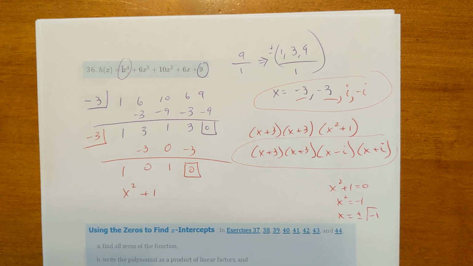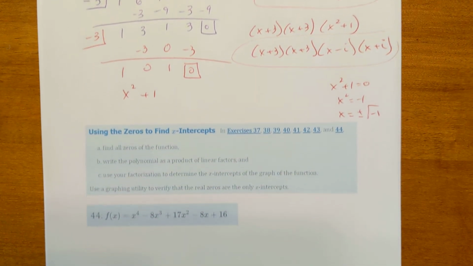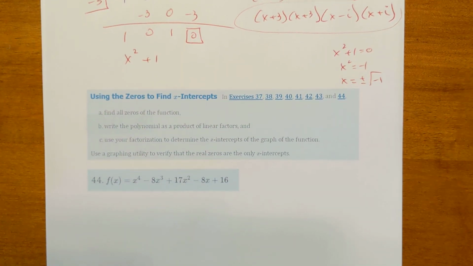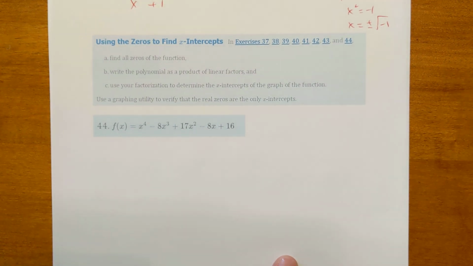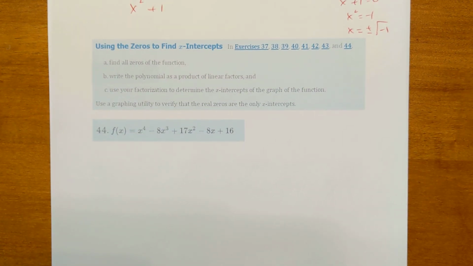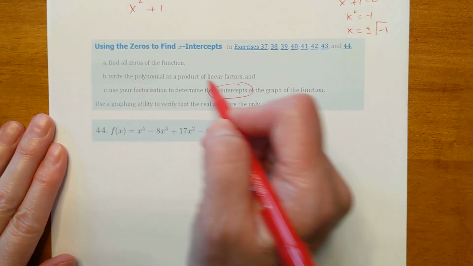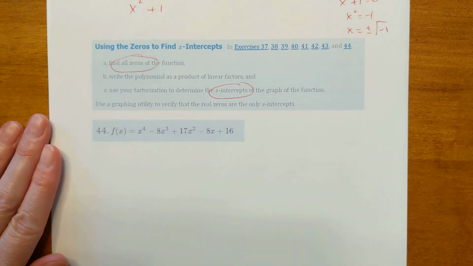Okay, on the next one, honestly, it's the same question. They want us to find all the zeros of the function, write the polynomial as a product of linear factors, and use your factorization to determine the x-intercepts of the graph. Well, the x-intercepts are kind of the zeros.